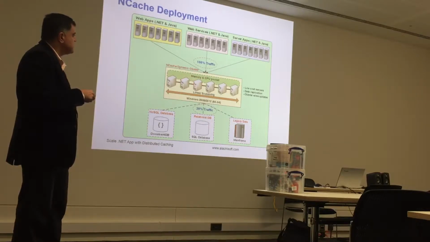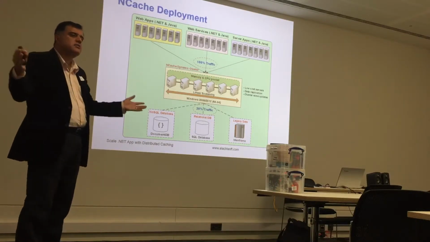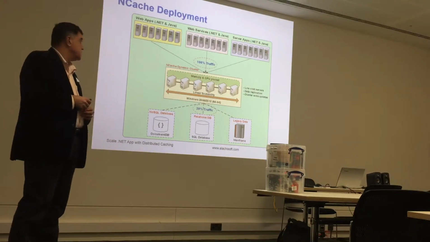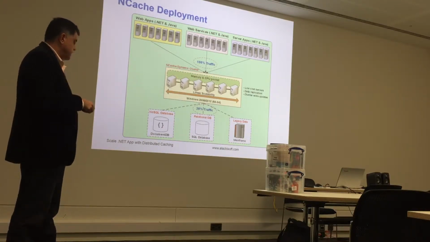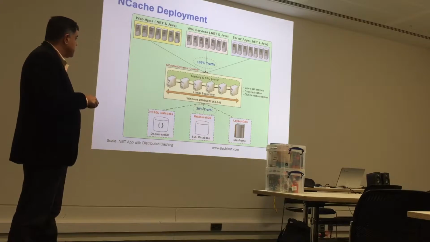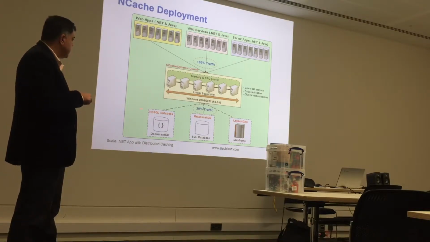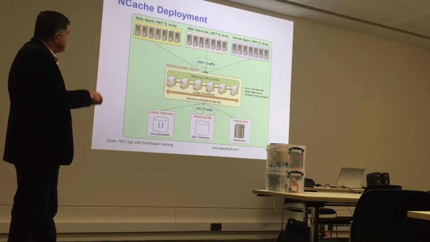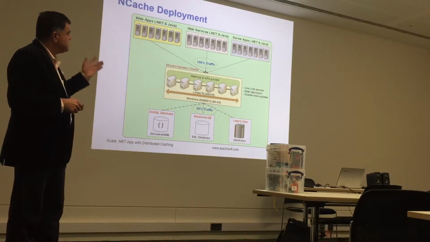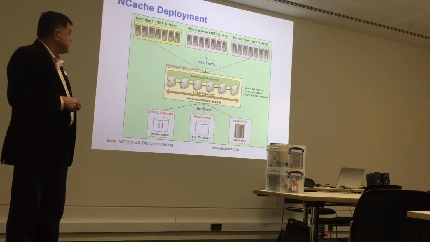So as you add more servers, your memory capacity grows, your CPU capacity grows, and that's how you don't become a bottleneck, which is not the case with the relational database. NoSQL also can scale linearly by adding more shards, but that's a separate story. So this is how distributed cache would fit into your environment.